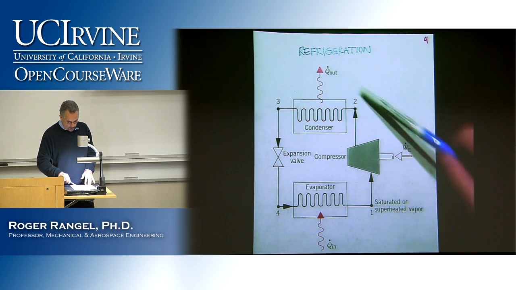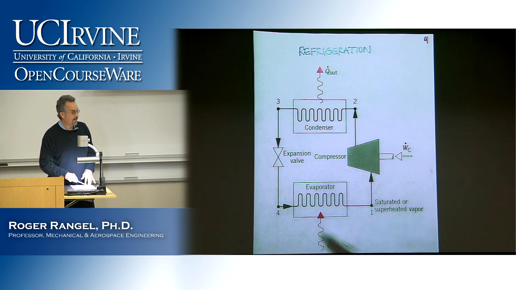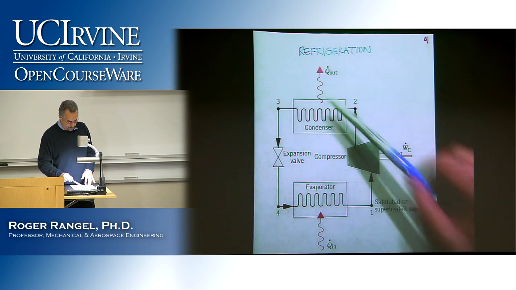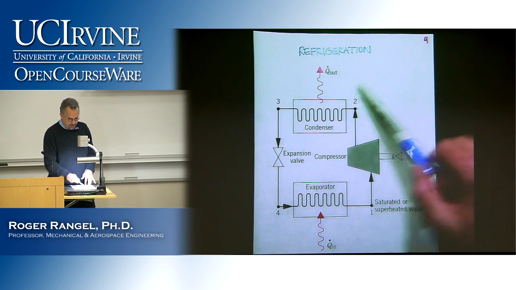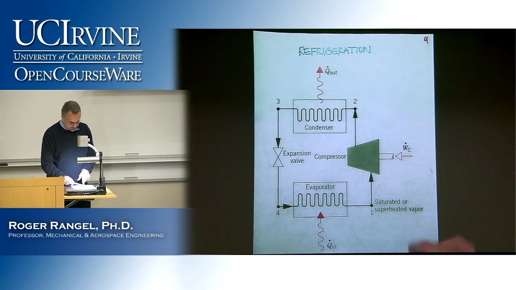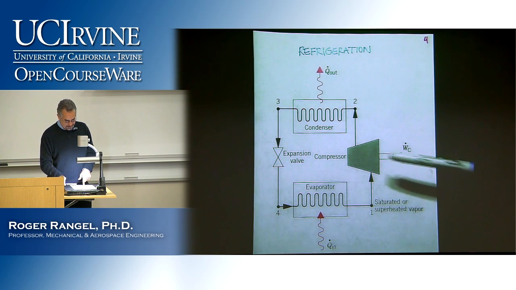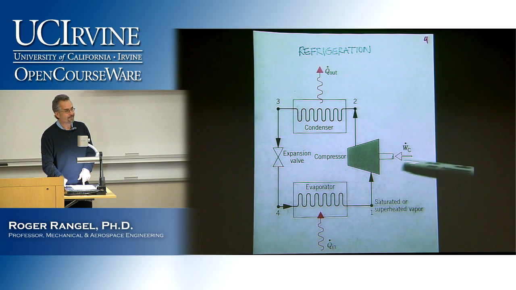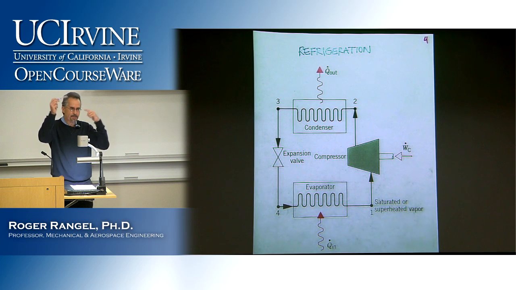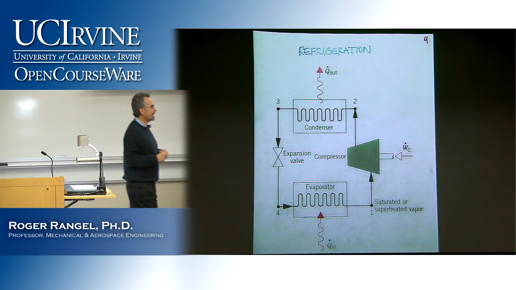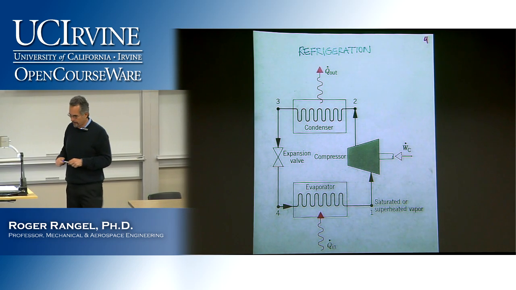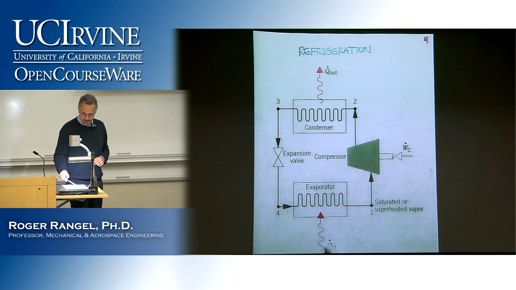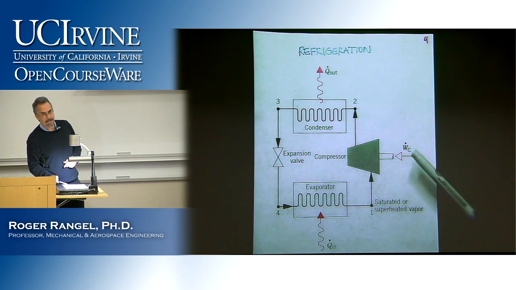So if I think of all of this as one device, so if I put all of these 4 components into a big black box, then I see that I am adding heat here, I'm adding something here. It's not heat initially, it doesn't look like heat, but it's energy, and I am putting it out. So if you just do a quick energy balance in your head, the conclusion is that this has to be larger than this because there was some other energy added here.